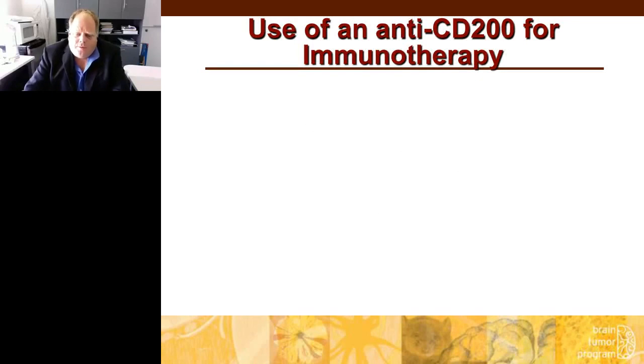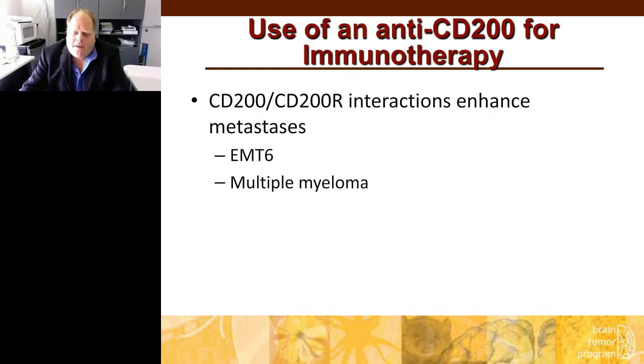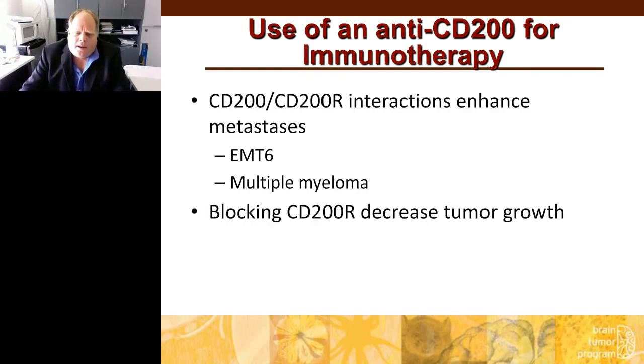So we decided to look at the potential use of this in immunotherapy. Because the CD200 receptor interactions have been demonstrated, although there's some controversy over this, to enhance metastasis of breast tumors and multiple myeloma. And it's been reported that blocking the CD200 receptor has been shown to decrease tumor growth.